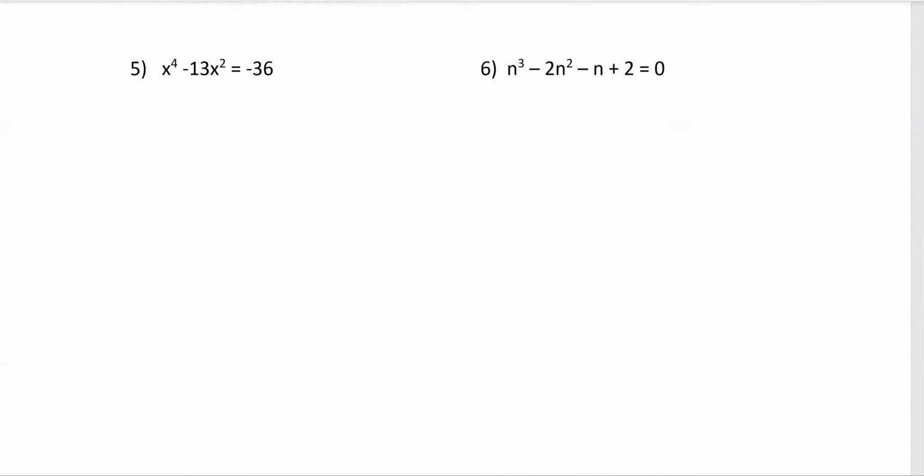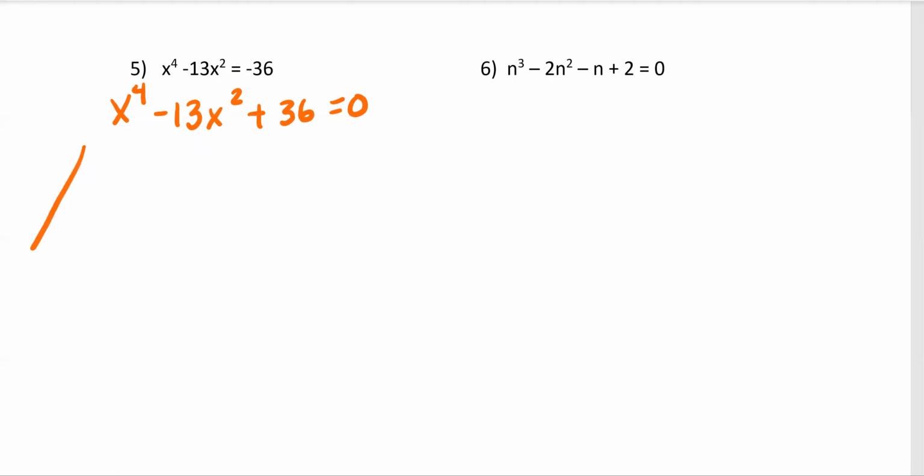And finally, our last two. Need to add 36 to both sides. We need the polynomial equal to 0 before we factor.